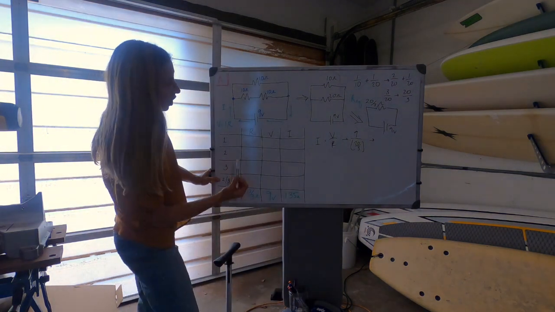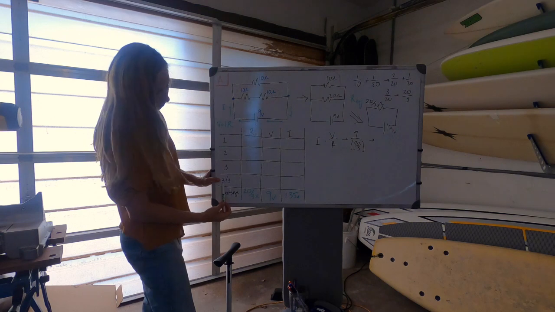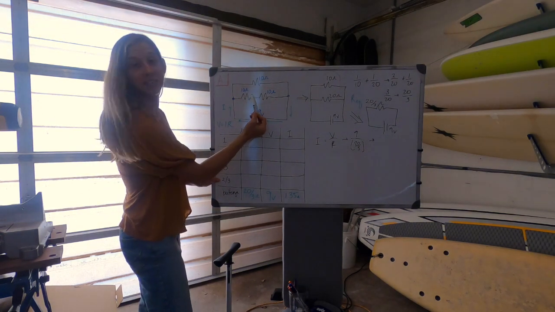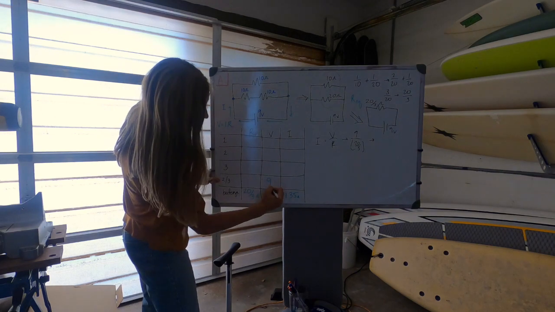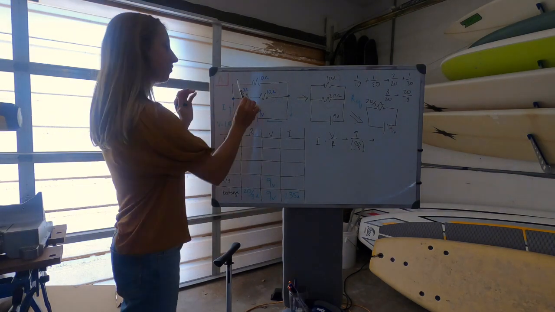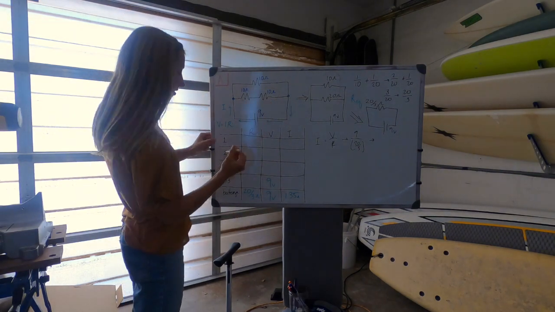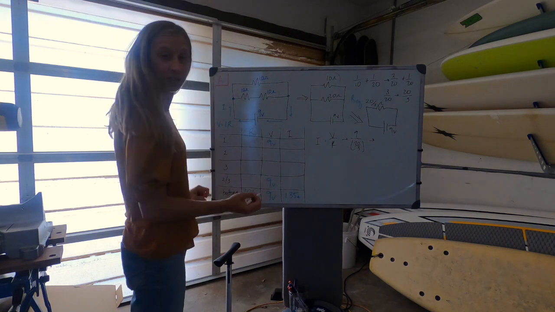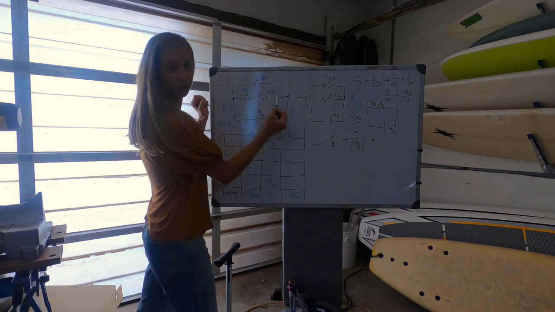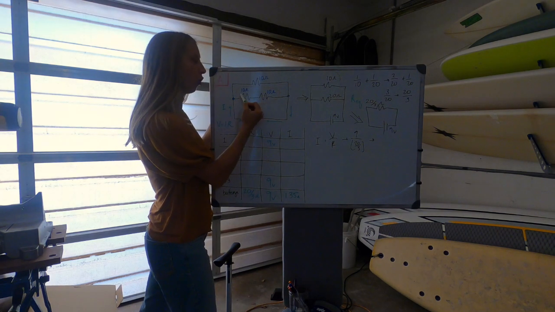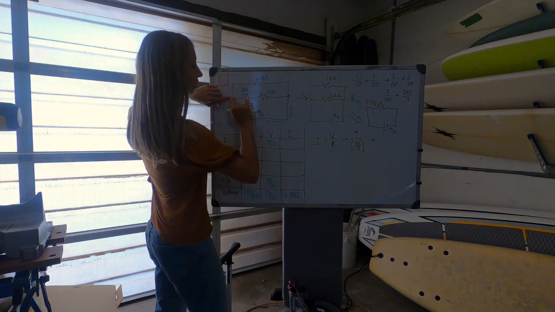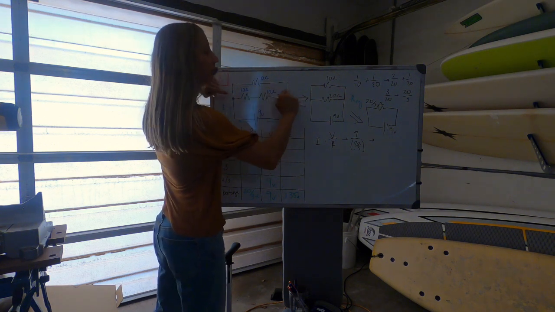So for 2 and 3 combined, that's what this means. For the 2 of these together, this entire branch really, the voltage drop is 9 volts. And for this one, which is resistor 1, the voltage drop is 9 volts. Now, on this branch, because there are 2 separate resistors, they will each have their own drop in voltage, but the entire branch combined will be a drop of 9.